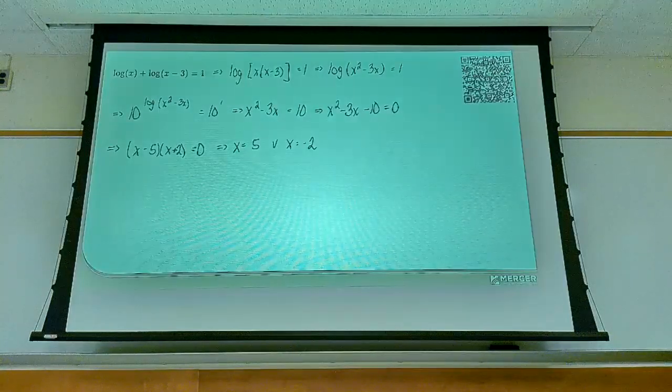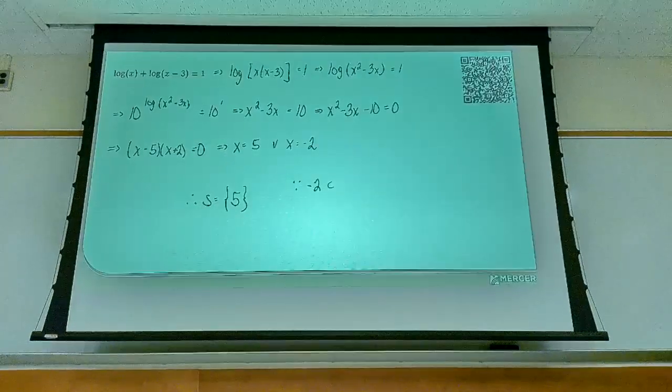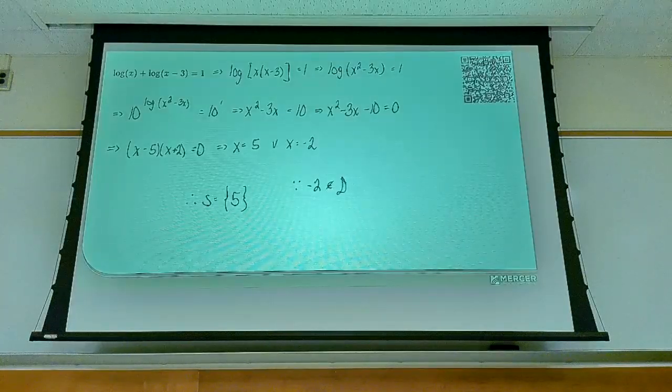Can 5 be a solution? Yes, that's fine, right? It doesn't make what you're taking a log of negative. Negative 2, right away, can't be. So we only have one solution, 5, because -2 is not in the domain of log of x.